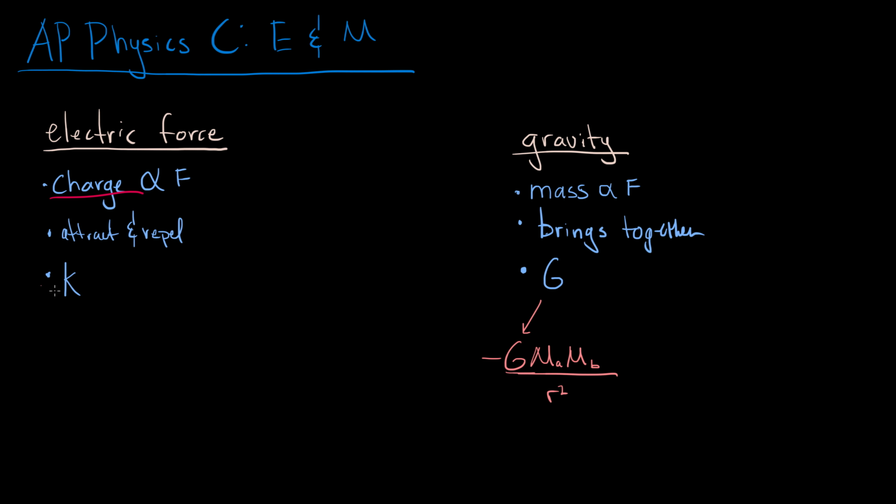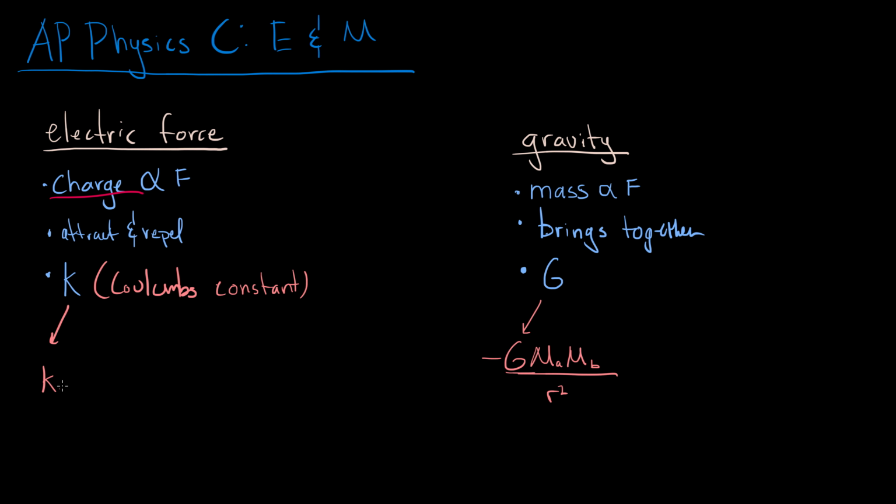And interestingly enough, we'll see that same formula appear with electrical force, except instead we're going to have this constant K, and this is called, by the way, Coulomb's constant. Sorry, this is difficult to write today because my computer's being laggy.